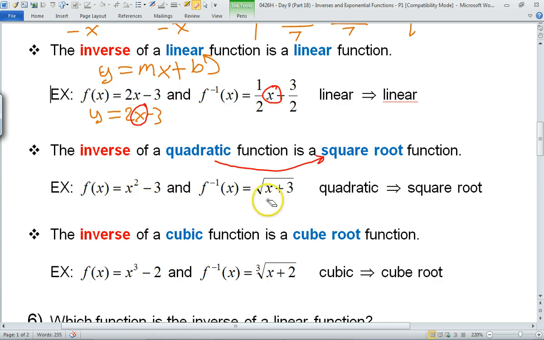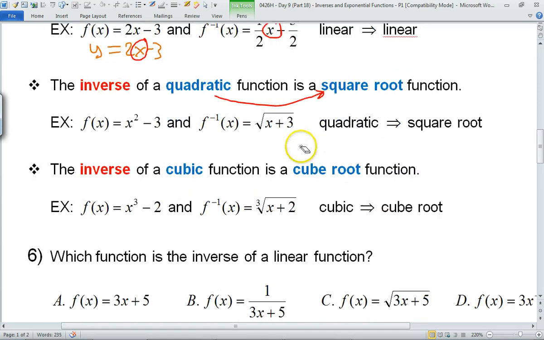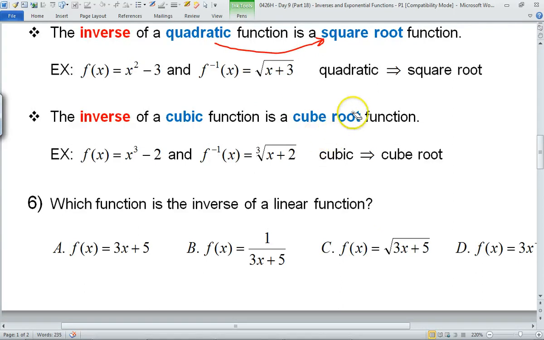I basically want you to memorize that. It makes sense because eventually I'll have to take the square root to unsquare this x, and I'll get the radical. So memorize that. So quadratic becomes a square root if you do the inverse. A cubic function, if you do the inverse, is going to become a cube root function.